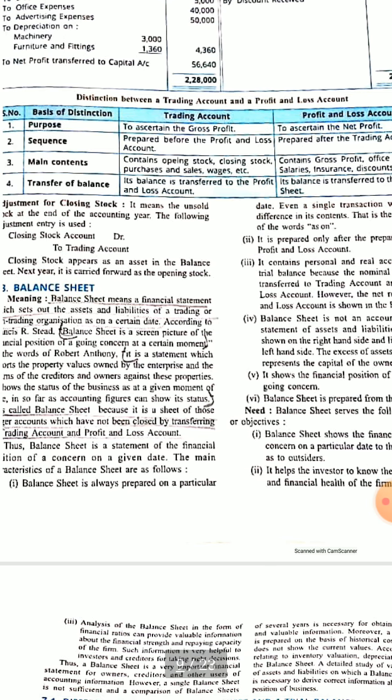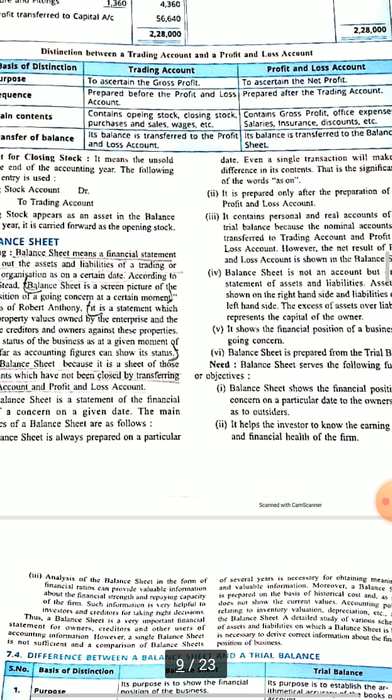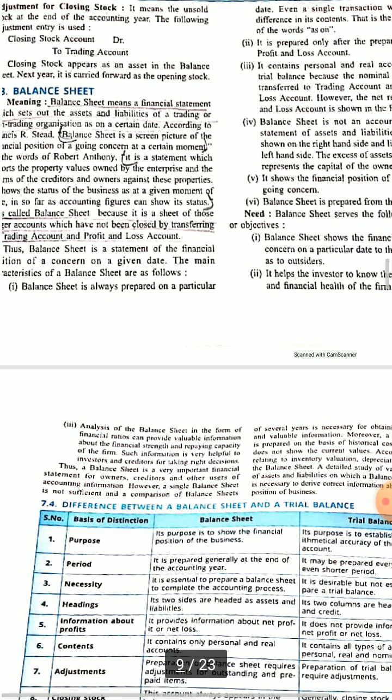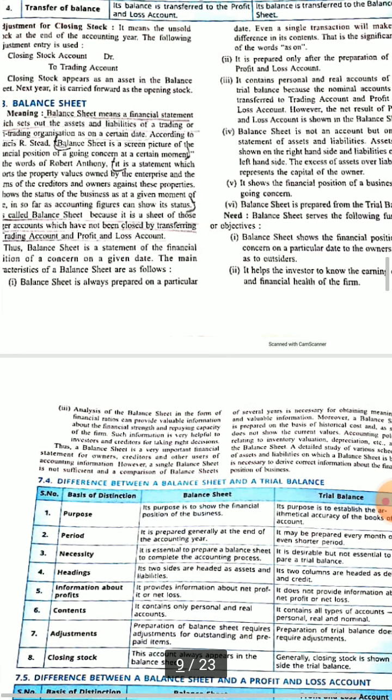Again, the trading account balance is transferred to the PL account, and the PL account's balance is transferred to the capital account in the balance sheet. Now let's see what is a balance sheet. Balance sheet is a financial statement which represents assets and liabilities or financial position of a firm as at a particular date or on a particular moment of time.